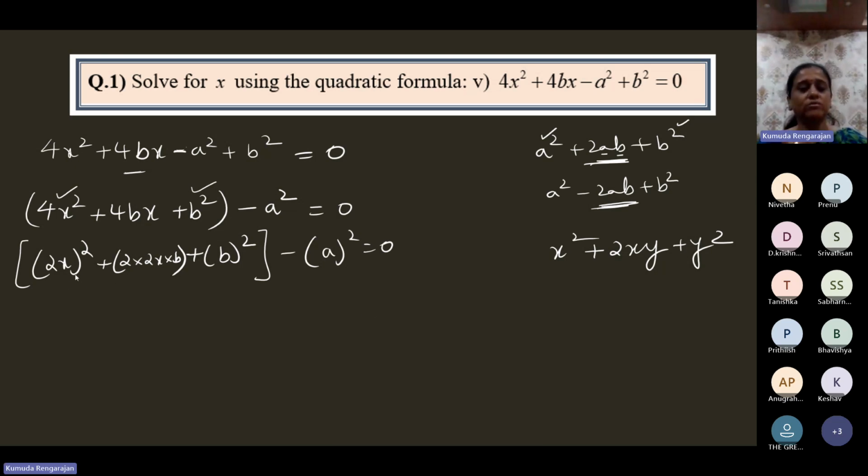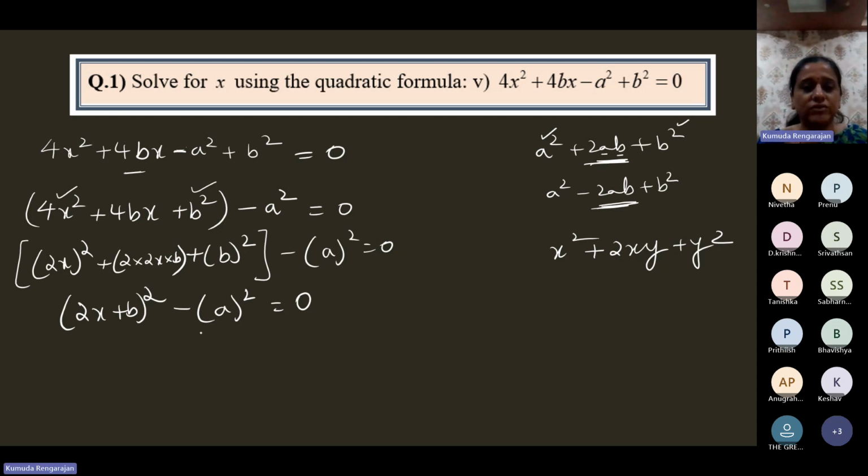So now this is of the form a square plus 2ab plus b square, which is nothing but a plus b the whole square, where a is 2x and b is b. So 2x plus b the whole square minus a the whole square is equal to 0.